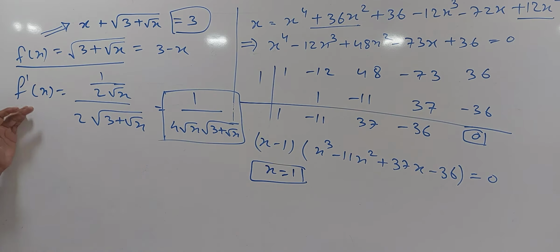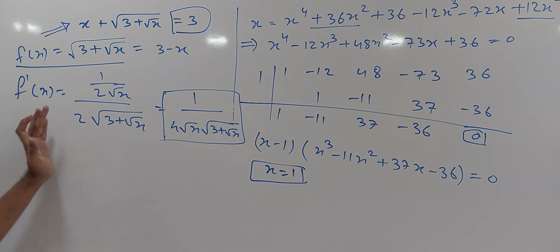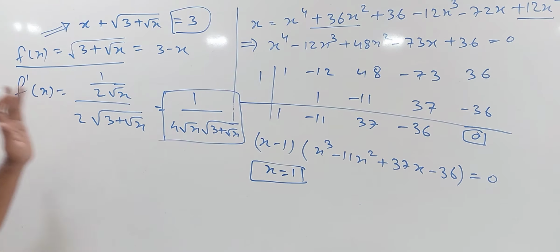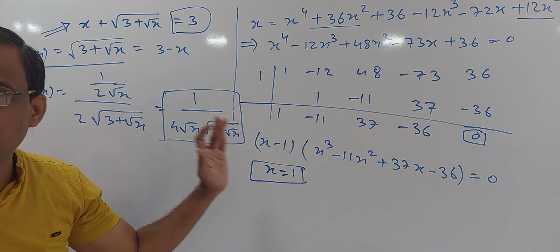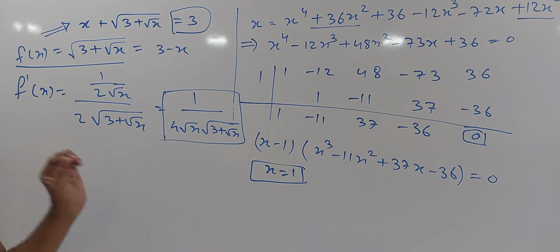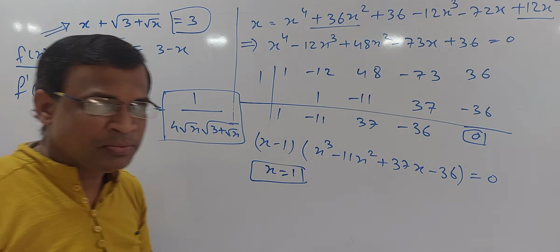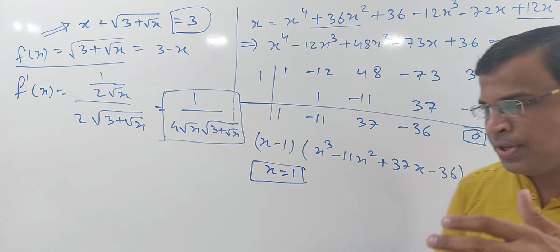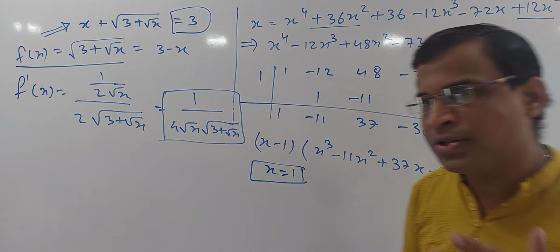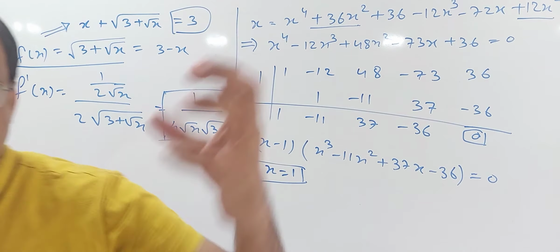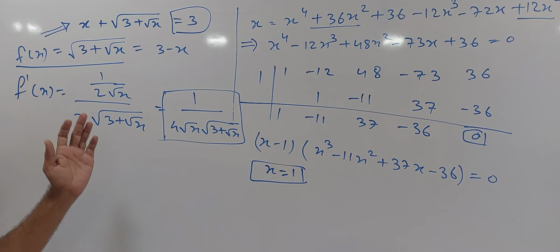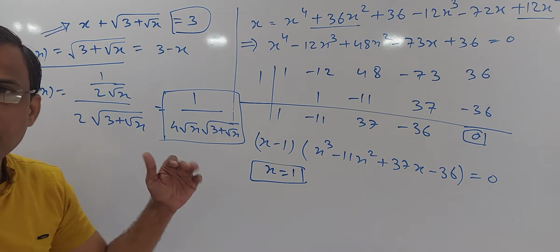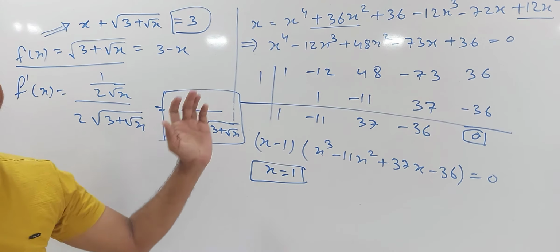Since the derivative of the given function is positive, we can conclude that it is an increasing function. Derivative positive means increasing, from the application of derivative part. I am just pulling it from there.